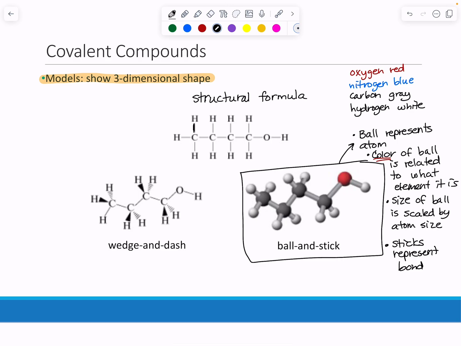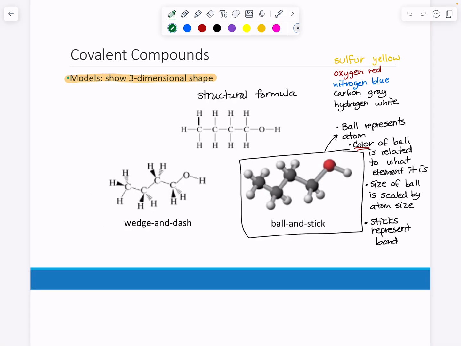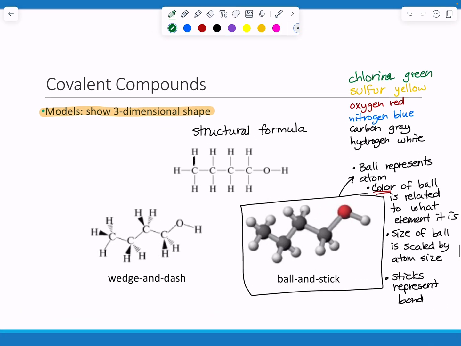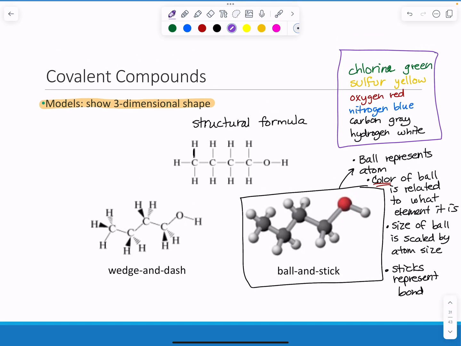Another one is sulfur is yellow, and chlorine is green. We typically use these to represent organic compounds, which use a limited number of elements. As you get to using more metals in your structure, we start repeating the use of color. But usually when you use this kind of representation, you know what you're working with for a molecule.